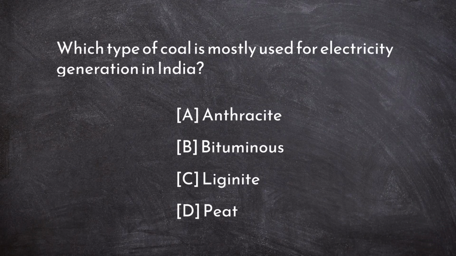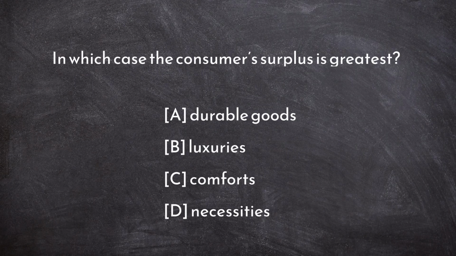Naresh Goyal. Which type of coal is mostly used for electricity generation in India? Bituminous. In which case the consumer surplus is greatest? Necessities.